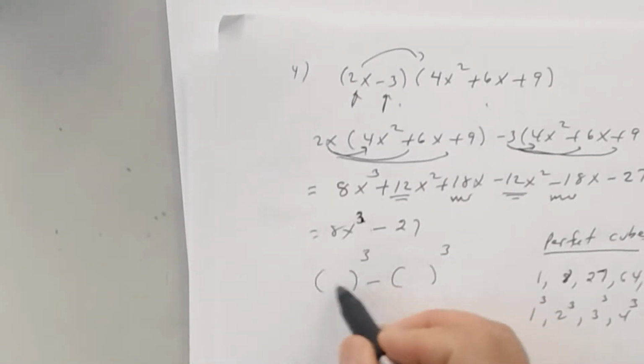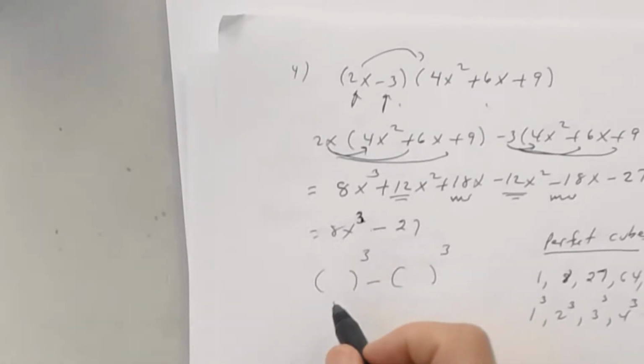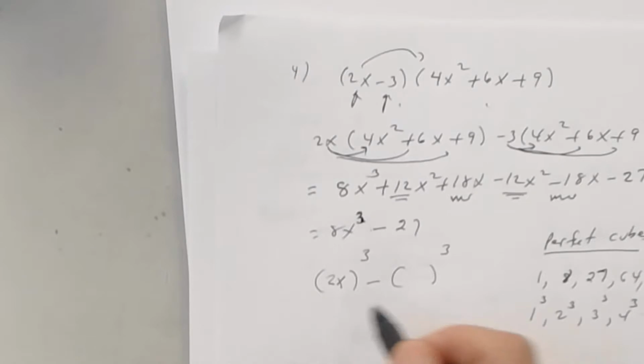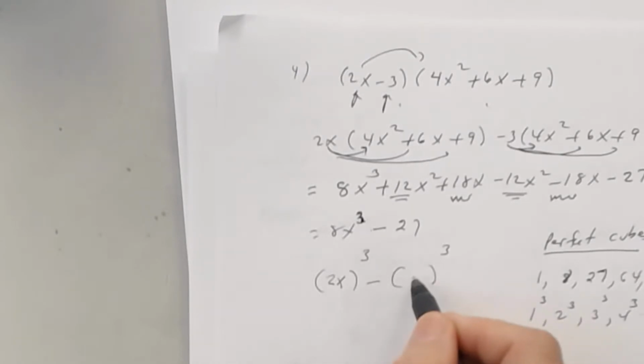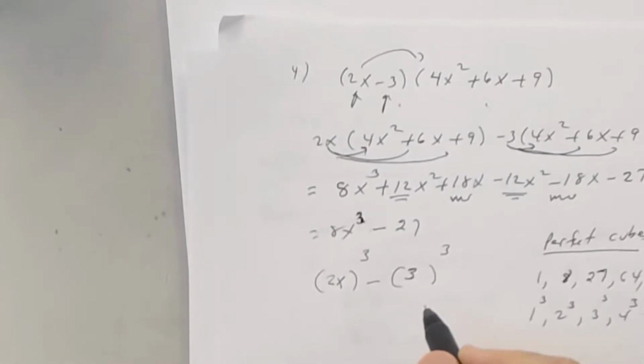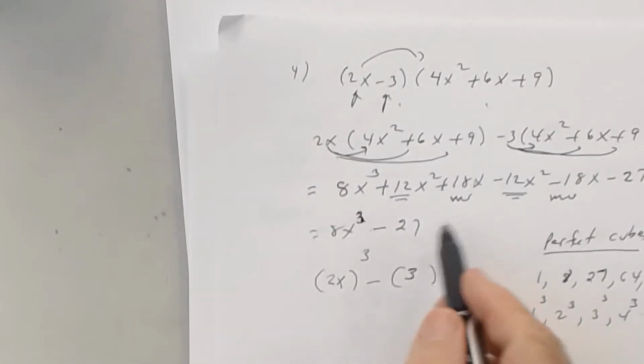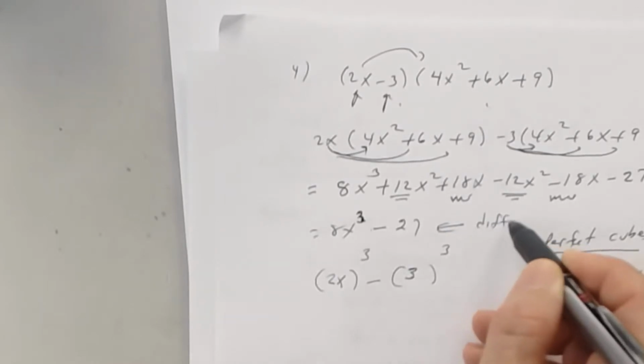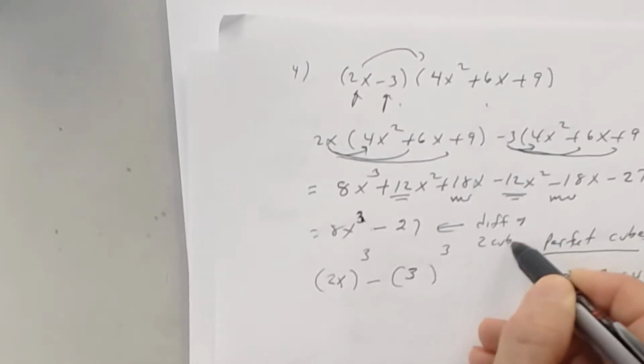And so what times itself 3 times is 8x cubed? 2x. 2x times 2x times 2x is 8x cubed. What times itself 3 times is 27? 3. 3 times 3 times 3 is 27. So this right here is the difference of 2 cubes.